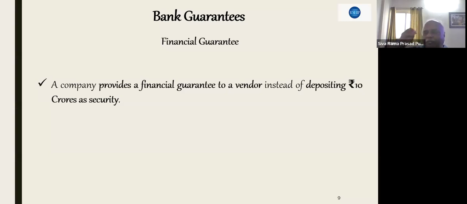If a guarantee is there, stocks will be released, supply of stocks. Once the bank guarantee is given, in case the buyer is defaulted, the seller is having full security, that is a bank guarantee. That's why the company provides financial guarantee to a vendor instead of depositing 10 crores as a security.